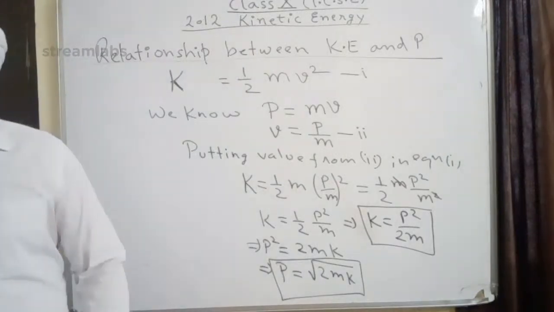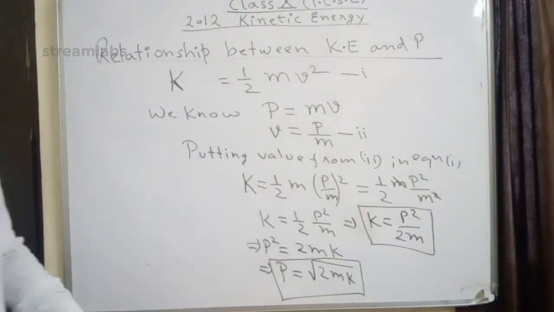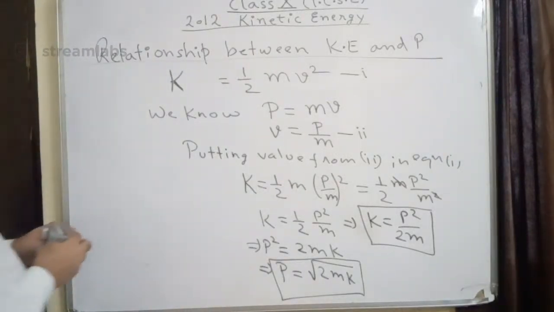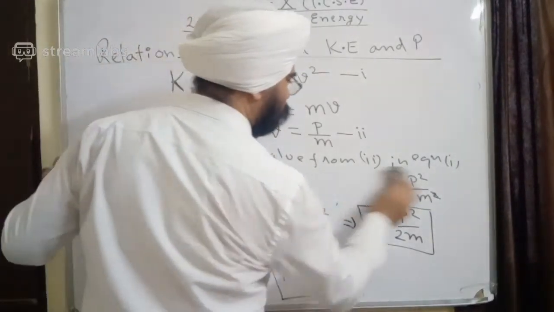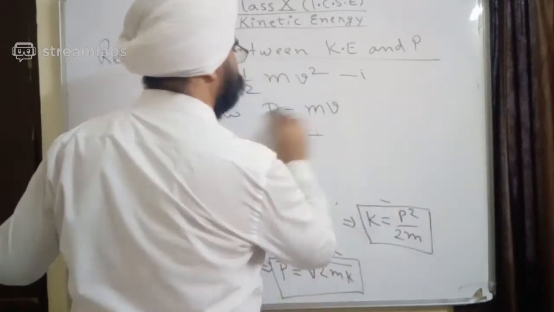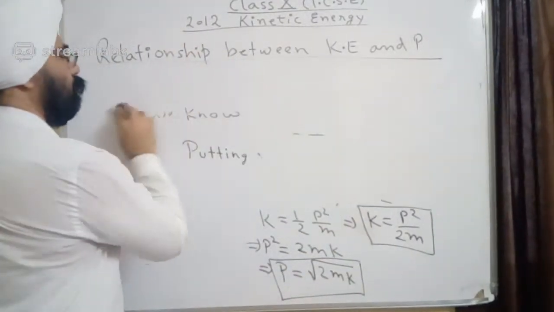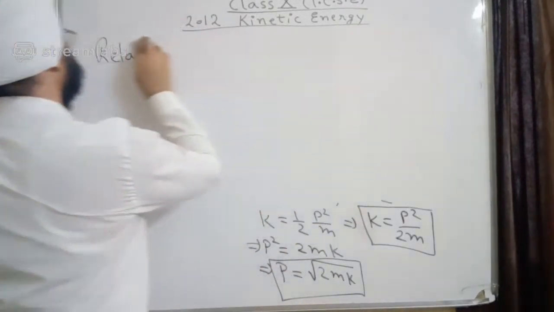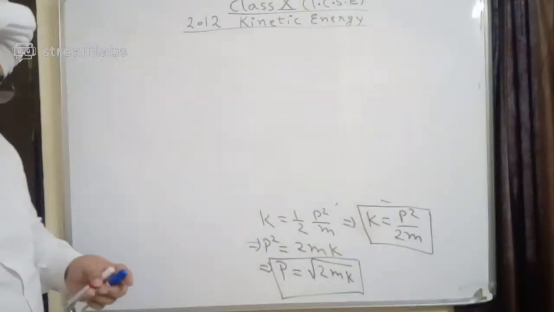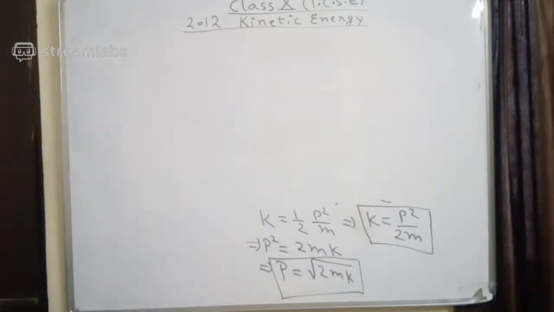Right? So we take two cases now. The two cases are given in your book. I'll erase it from the top. I'll leave the formulas down there. Okay, now case 1.